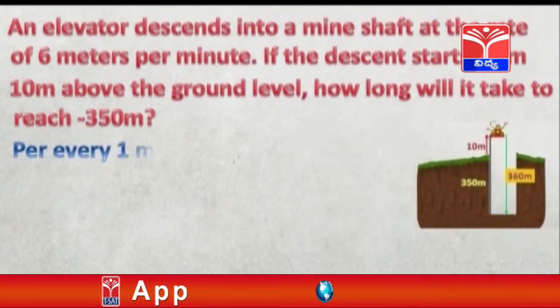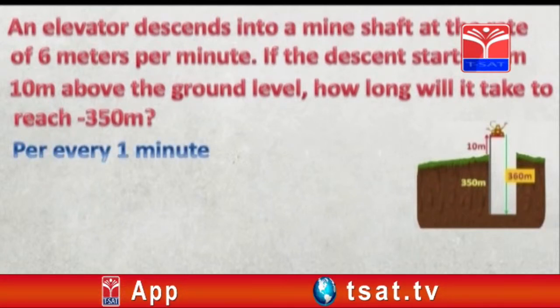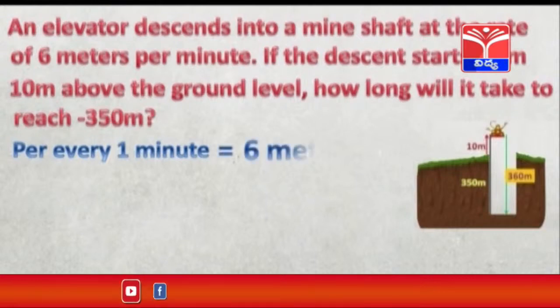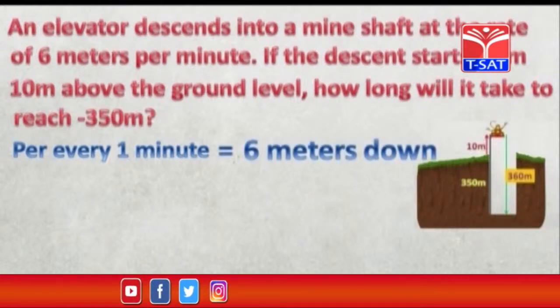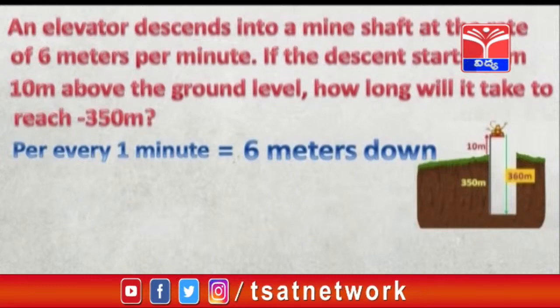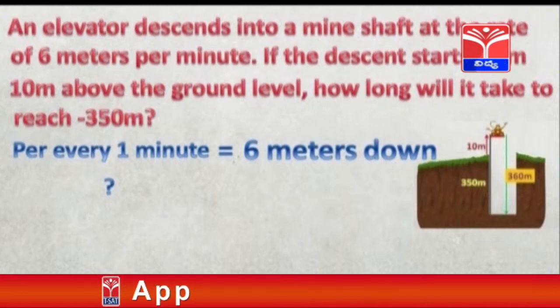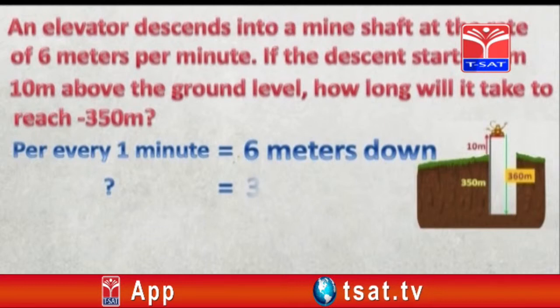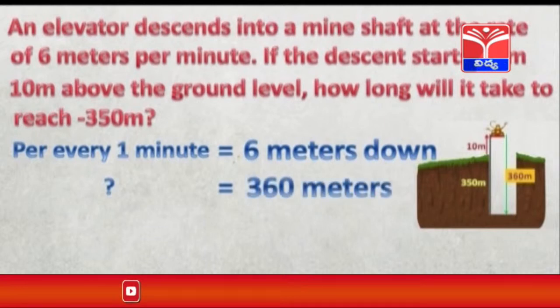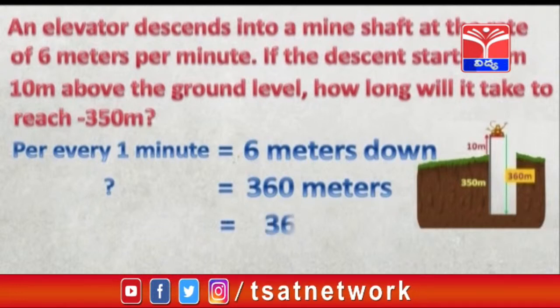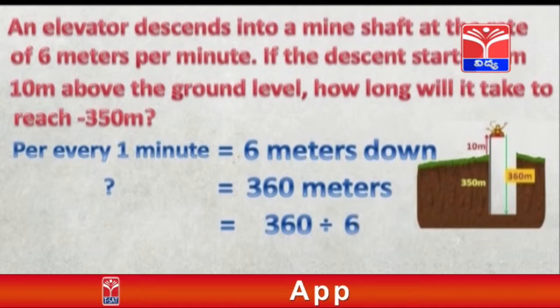Now, we have to calculate how much time it takes. Let us see what is given in the question. Per every 1 minute, the monkey is going 6 meters down, and for how many minutes will the monkey go 360 meters down? That means 360 divided by 6.